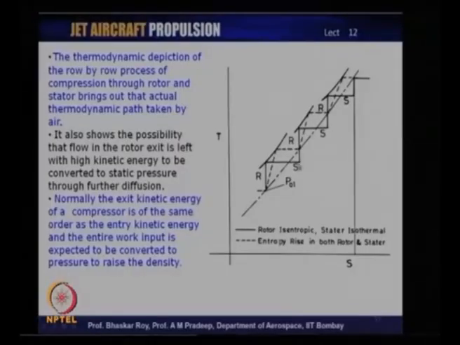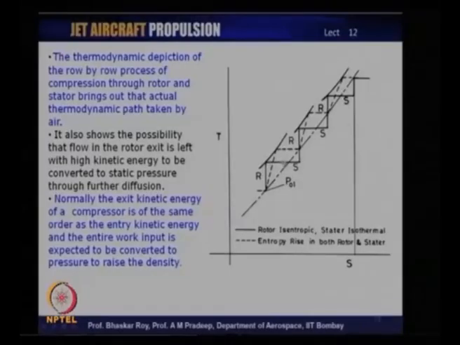of the TS diagram. The path through the rotor is actually the work done. So, isentropic work is along the vertical line, and then the stator work is the horizontal line where no work is being done, and the work is essentially isothermal.